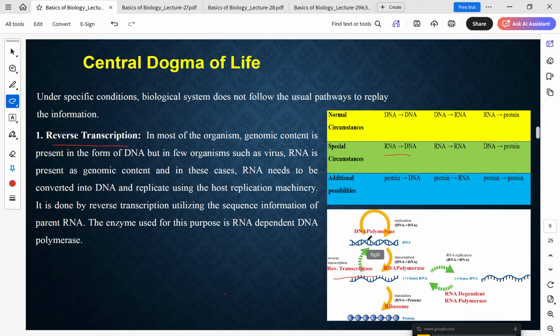So in cases where reverse transcription occurs, the nucleic material is RNA. This is very common in viruses which need to mutate very fast. Essentially the RNA gets converted to DNA, and then it replicates to multiply itself using the host machinery where the infection has happened.